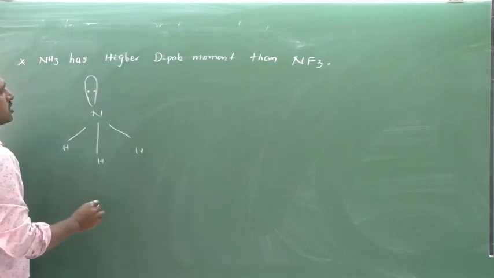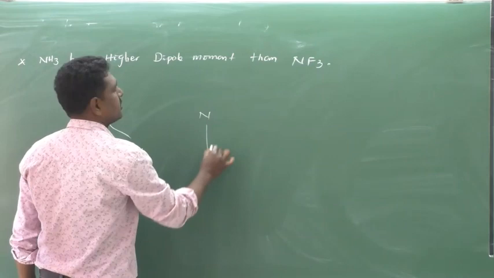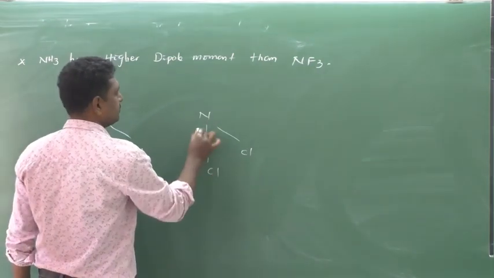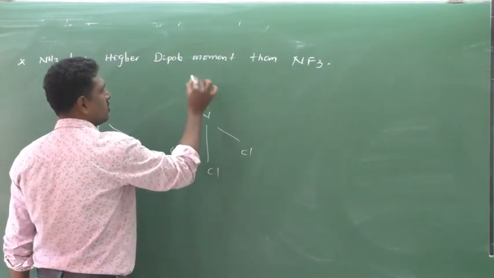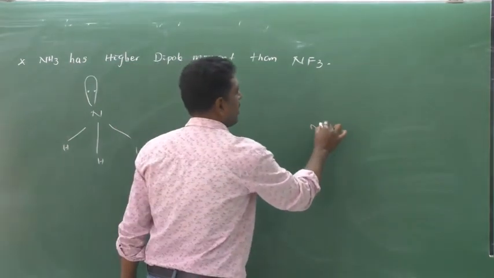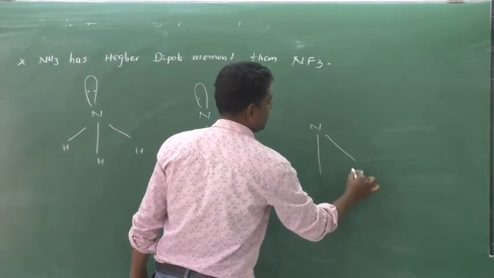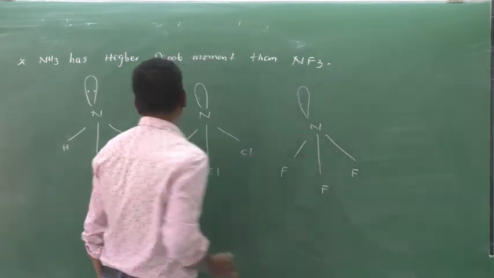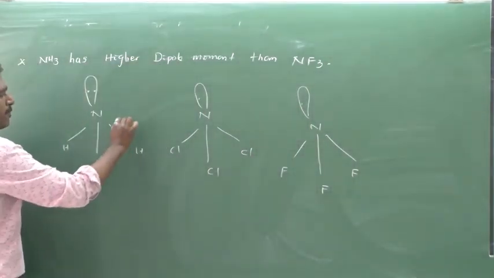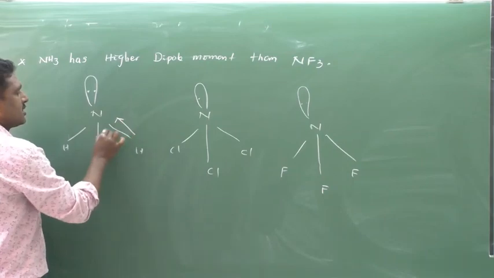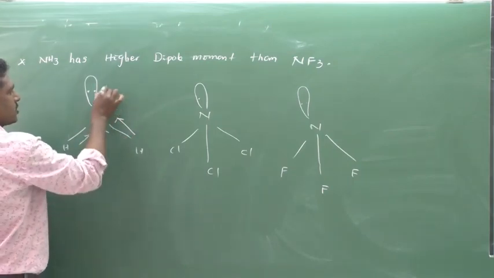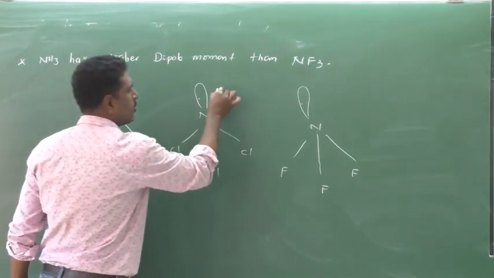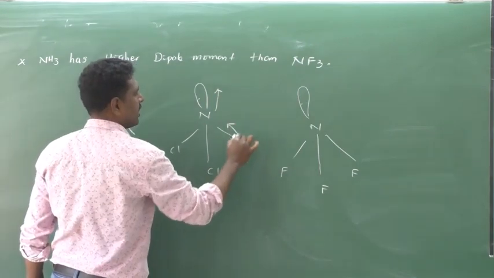Next we will compare with NCl3, which we have also compared. And NF3 here is nitrogen trifluoride. Here the bond moment is in this direction. Here also the bond moment is in the same direction.